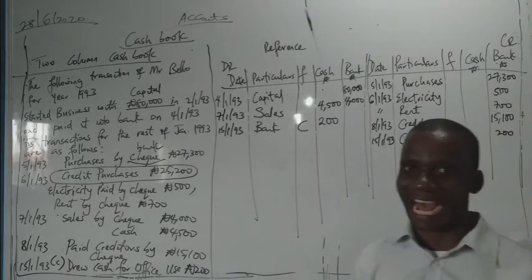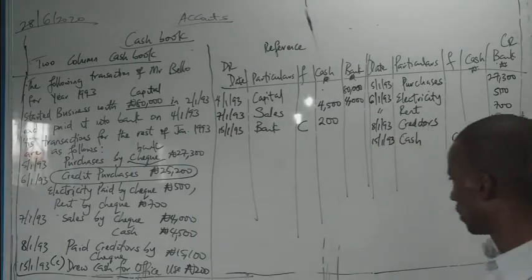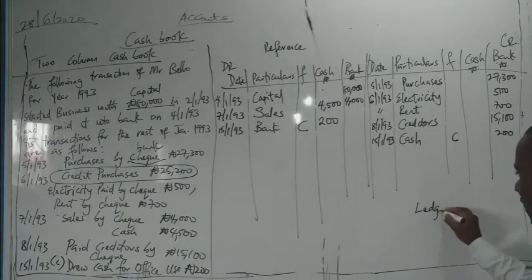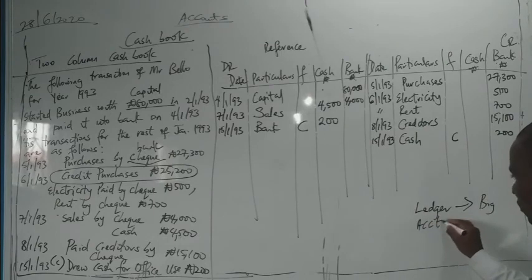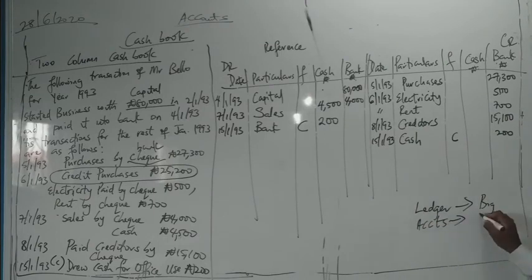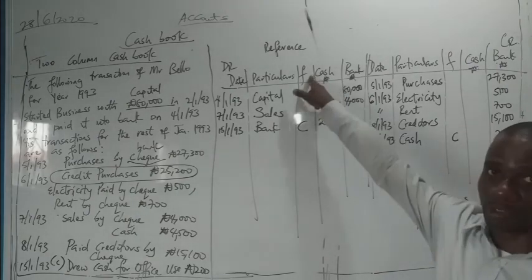Accounts. So the ledger is the big book, and the various accounts in each ledger are the pages in that big book. The pages in each of those different ledgers are known as what? Account.